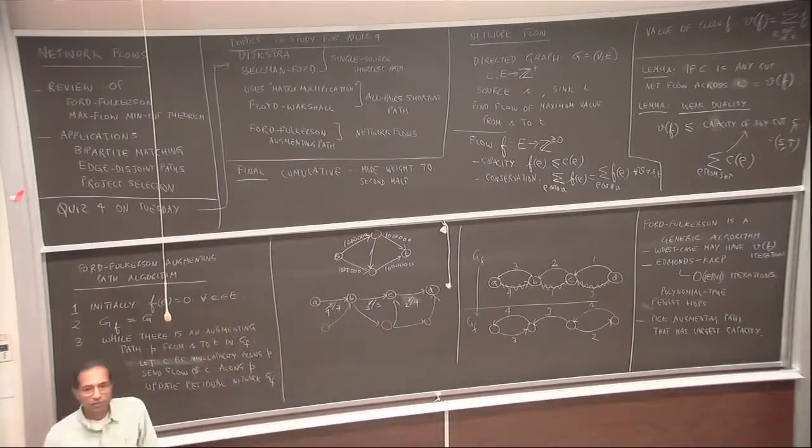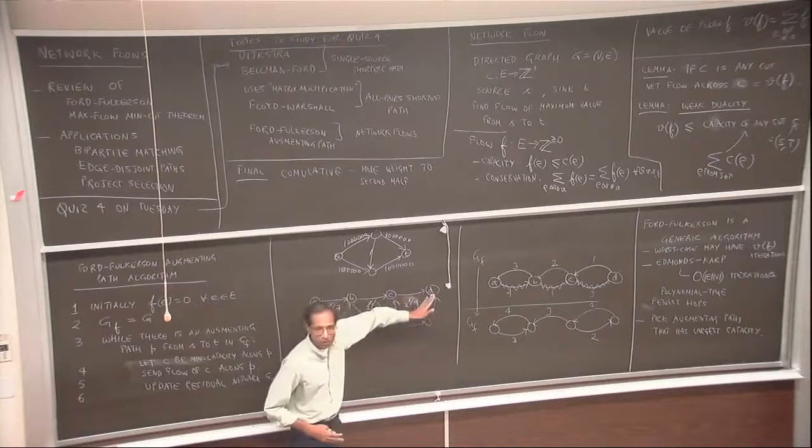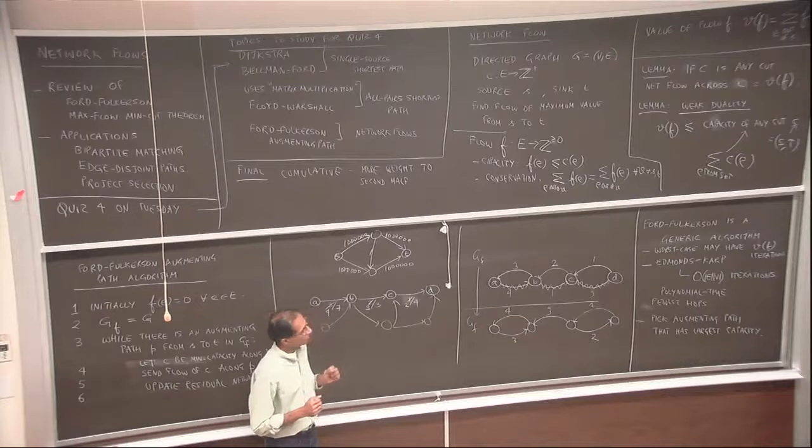Yes. When T has multiple edges or ways to produce a flow going into it, how does the scheduling work for that? So when T has multiple things coming in, your question is sort of outside the scope.